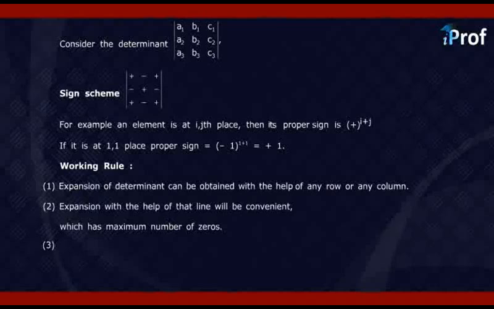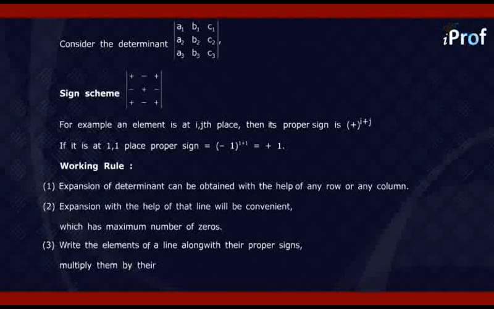Third, write the elements of a line along with their proper signs, multiply them by their minors, and their sum is the value of the determinant.